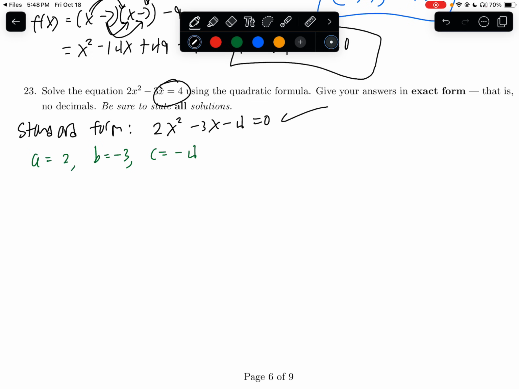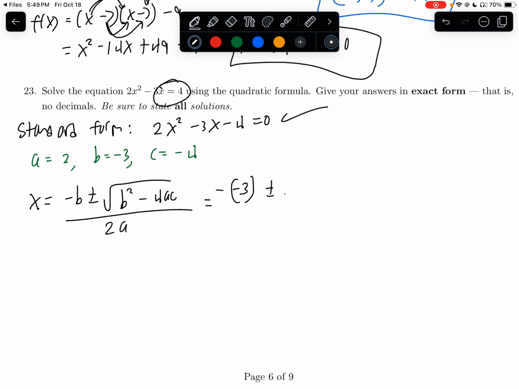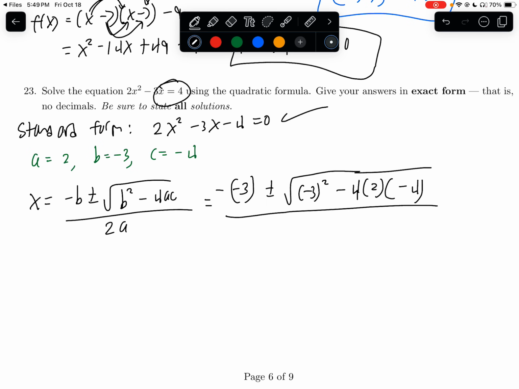So the quadratic formula tells us that this is negative b plus or minus square root b squared minus 4ac all over 2a. Negative b is negative 3, which will just become positive 3. B squared is negative 3 squared, minus 4 times a, which is 2, times c, which is negative 4, all divided by 2 times 2 for 2a.